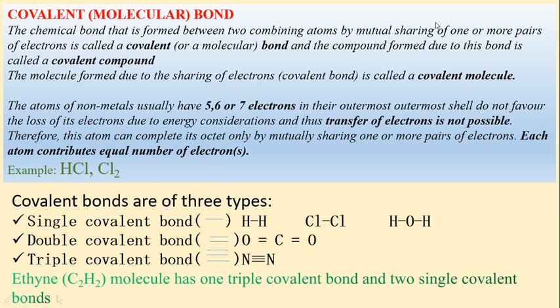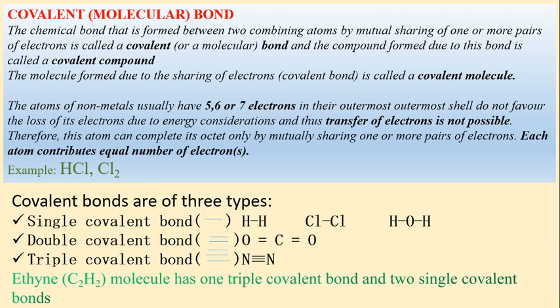When I say mutual sharing of electrons, when two atoms are taking part in this bond formation, one atom is giving an equal amount of electrons to the other atom, and the other atom is also sharing the same equal amount of electrons to the first one. So that is called the mutual sharing of one or more pairs.